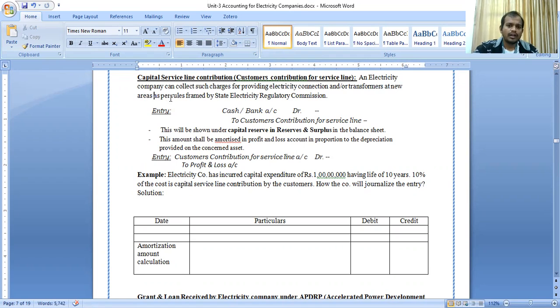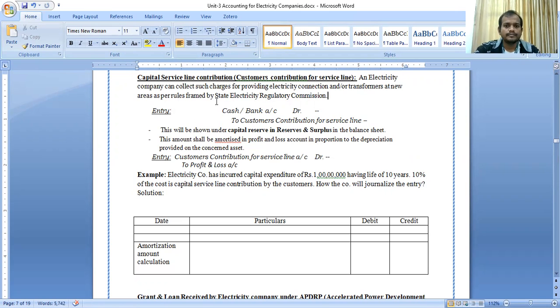On request from the customer side, the electricity company provides electricity connection to a locality which is not regularly connected. At that time, whatever rules are framed by the State Electricity Regulation Commission will be applicable.